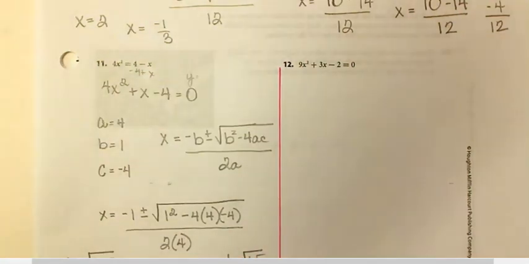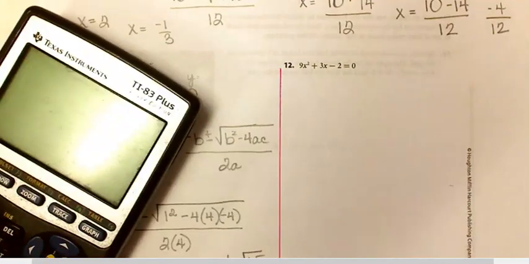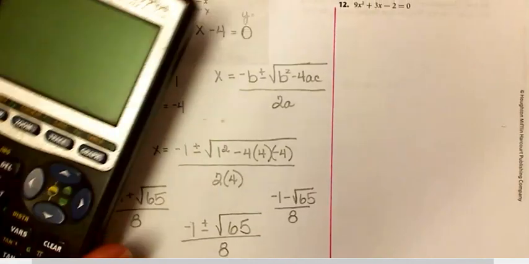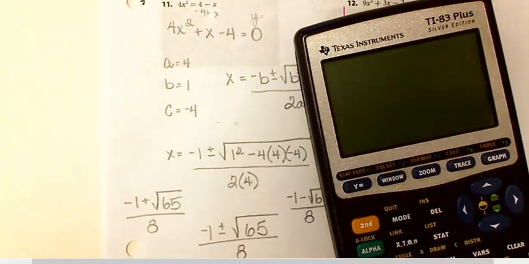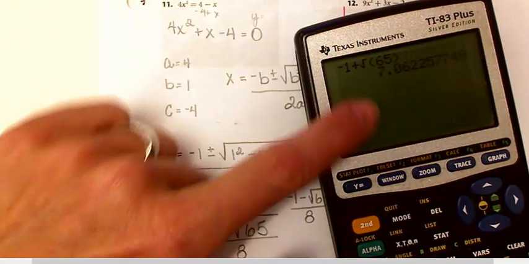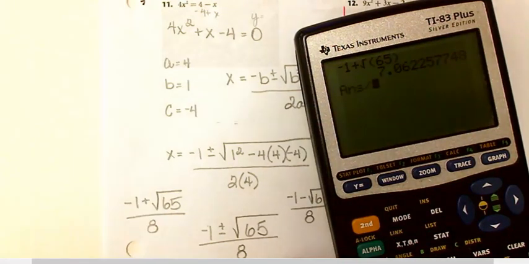So let's do that. I'm going to take my little calculator, move this up a little bit. All right. Oh, turn your calculator on. Clear. Negative 1 plus the square root of 65. And I'm going to hit equals, and then that divided by 8.